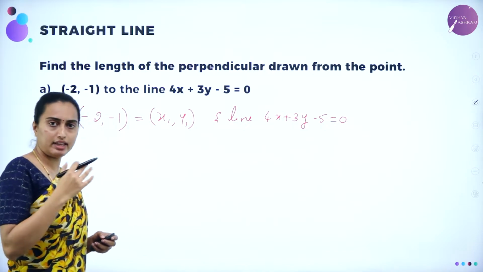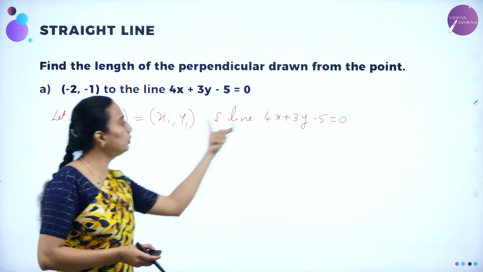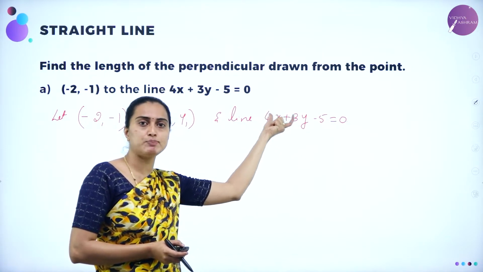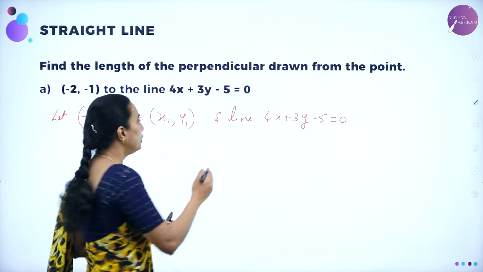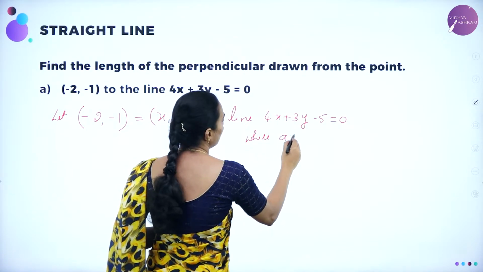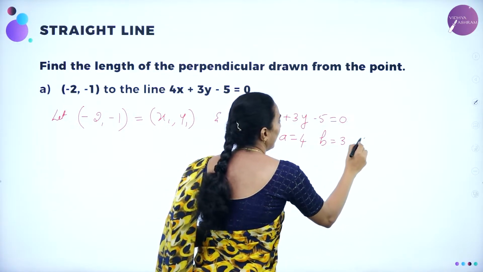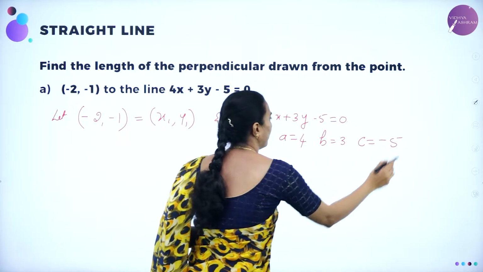They have asked for the distance from this point to the line, so comparing with ax plus by plus c equal to 0, you can write a equals 4, b equals 3 and c equals minus 5.